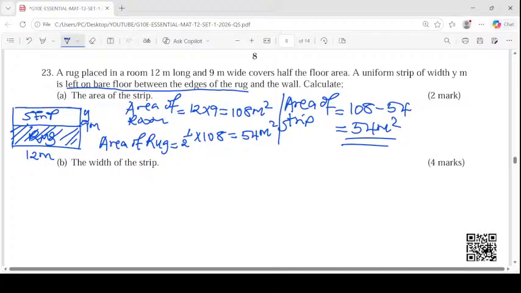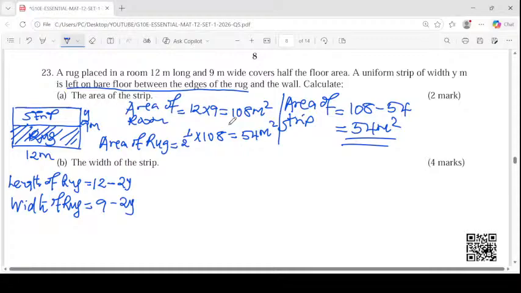A uniform strip of width y meters is left. So because the width is y, let us get the length of the room minus twice the width of the strip. So that becomes 9 minus 2y.